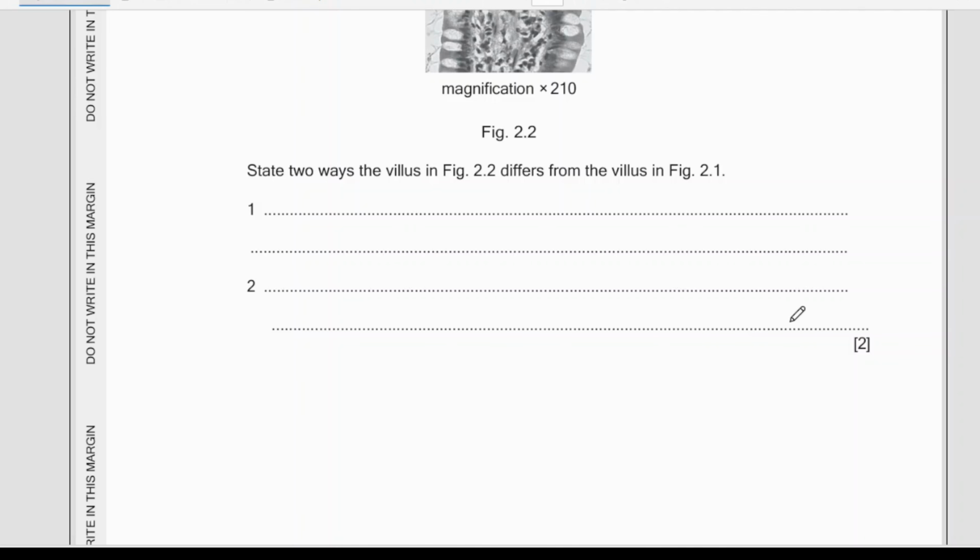Most of you have got 0 marks in that. Question number one, the very last part of question number one.